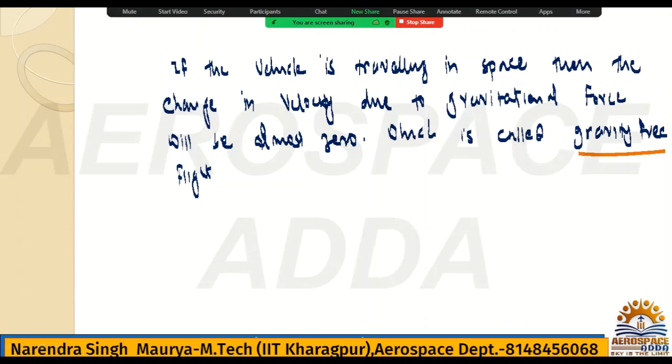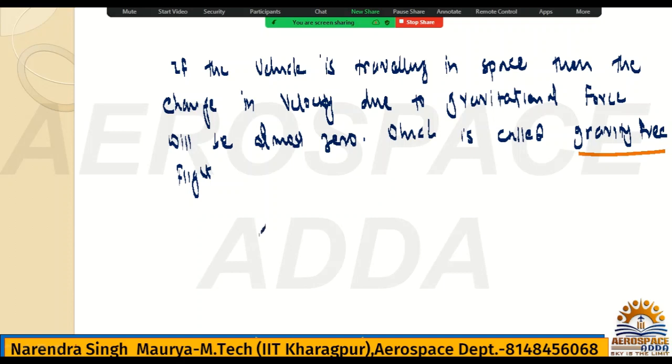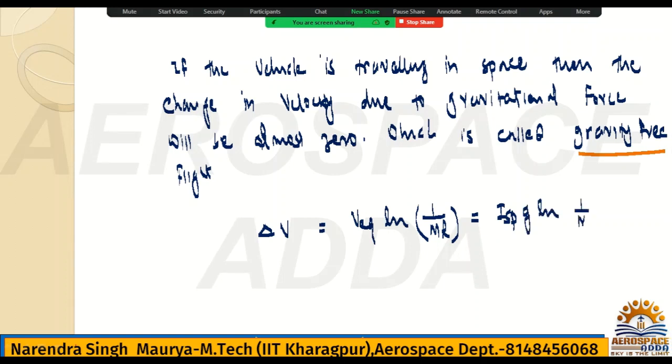Now, finally, you are considering the gravitational force also zero, so you have delta V only equal to the effective velocity V equivalent ln 1 by mr, and this you can also write in terms of specific impulse as ISP G ln 1 by mr, right? This is the final equation.